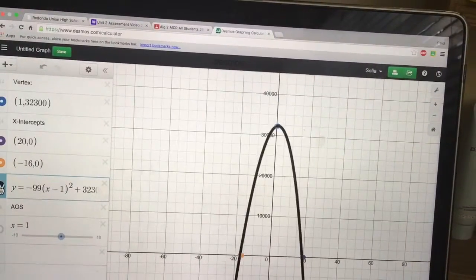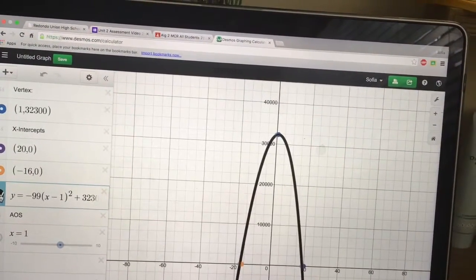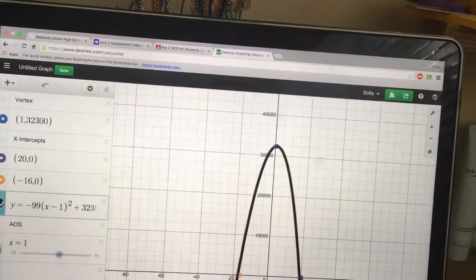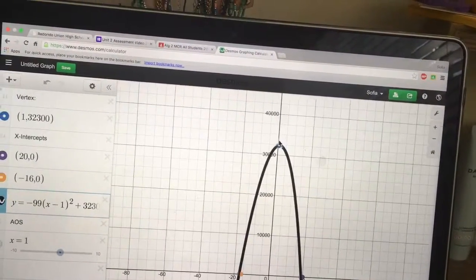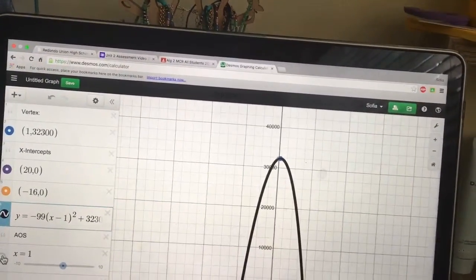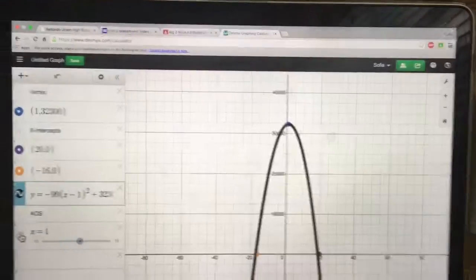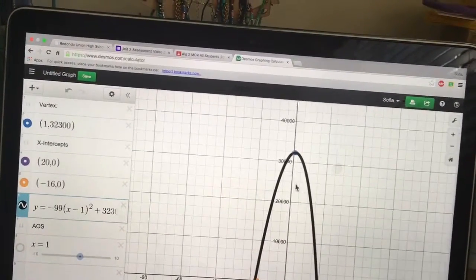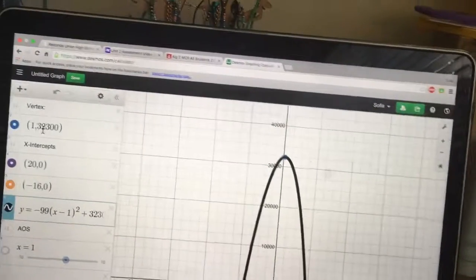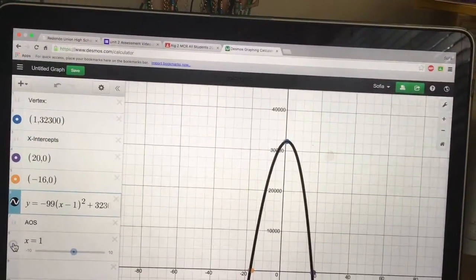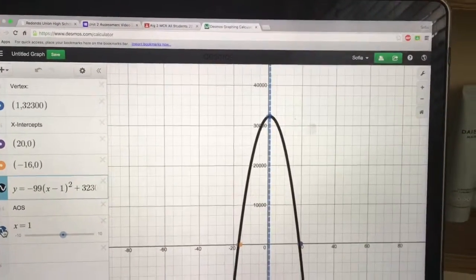And then the equation, the parabola, and it's a maximum parabola because it's facing downwards. The axis of symmetry is going to be easy again, just go straight down through the middle. As you can see here, 1 is there, so it's going to be 1, and that is how we graph it.